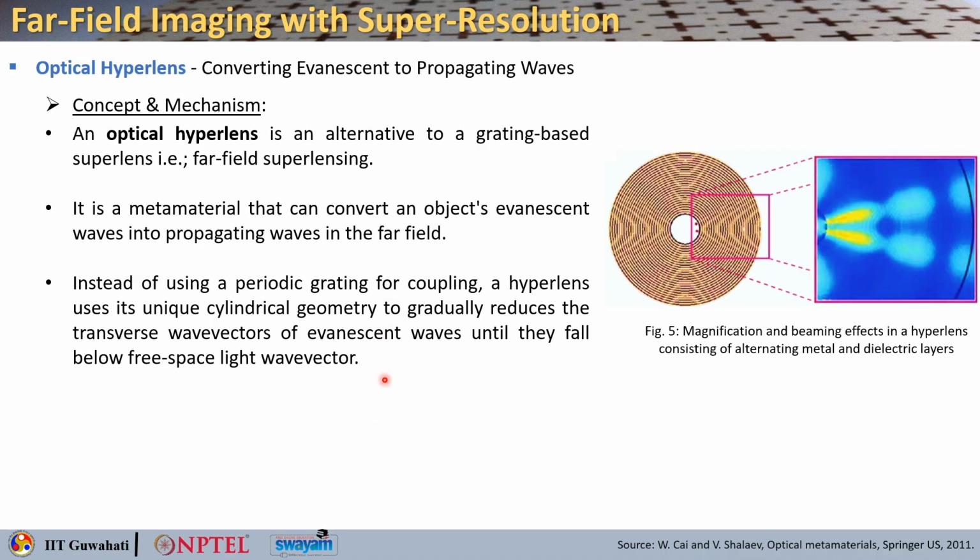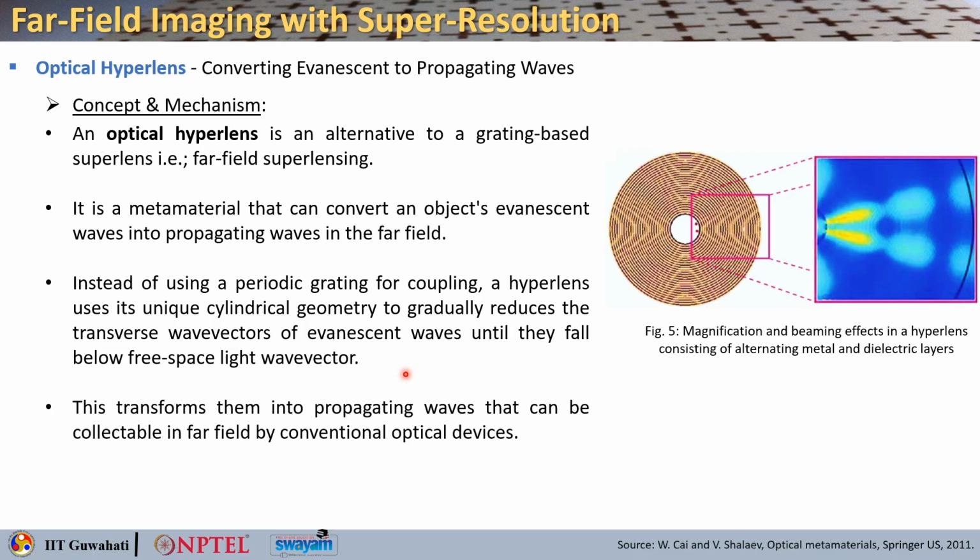Instead of using a periodic grating for coupling, a hyperlens uses a unique cylindrical geometry that gradually reduces the transverse wave vector of the evanescent waves until they fall below the free space light wave vector, and this transforms them into propagating waves that can be collected in the far field using conventional optical devices.